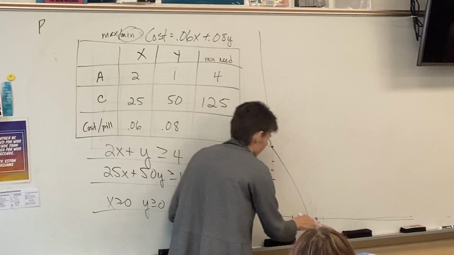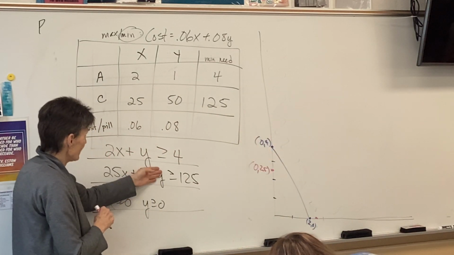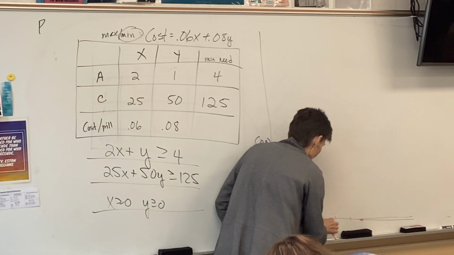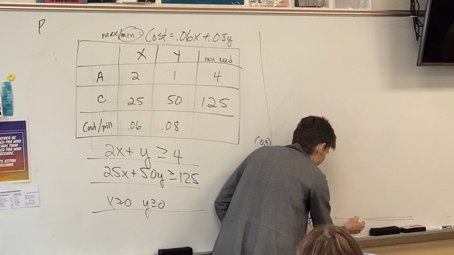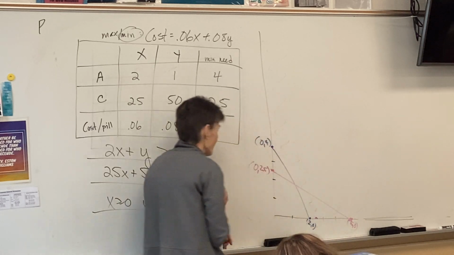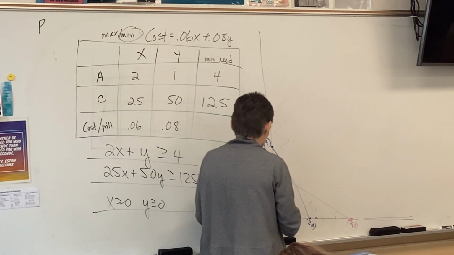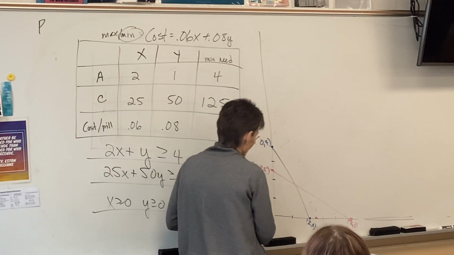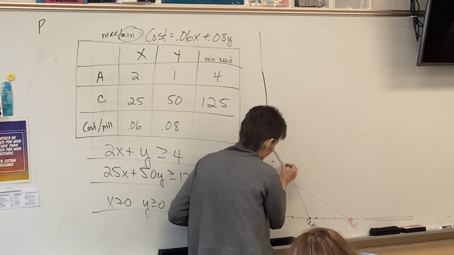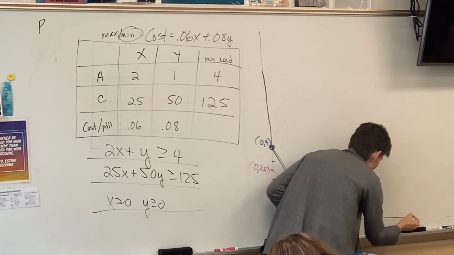That was Y. I covered up X. That was Y. And then X is 5. And that one is also shaded. So I am looking at this region right here that's shaded.